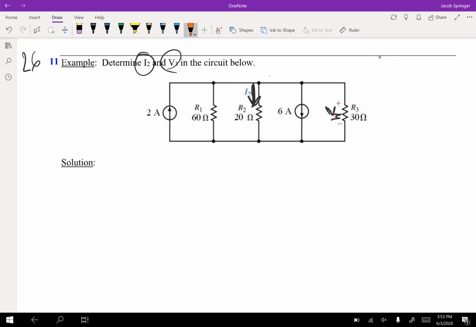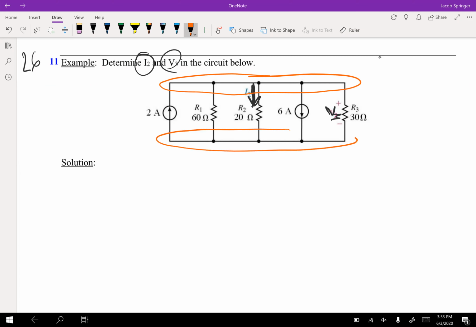And the other thing is, let's label nodes. And what we can see here is these are all between two nodes. Every single element here is completely in parallel with the other elements. If you're unclear on that, I can erase it and do the method where we go around. Follow it, only cross the wire whenever there's an element. Otherwise, just follow along the wire.